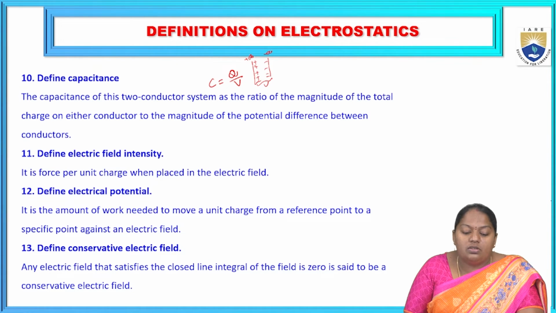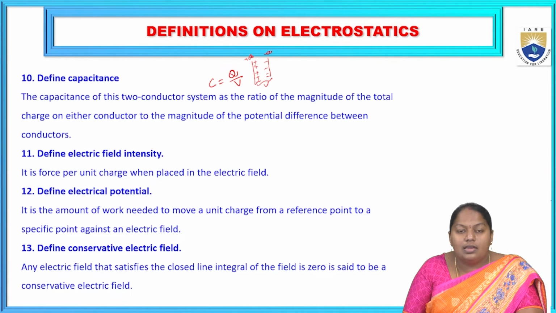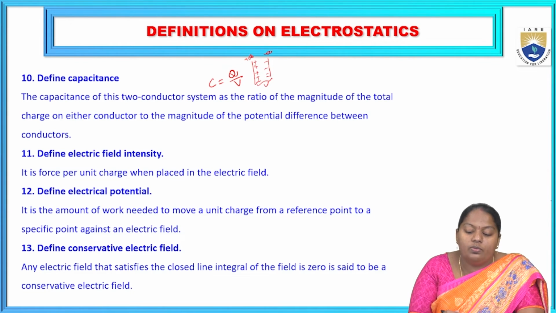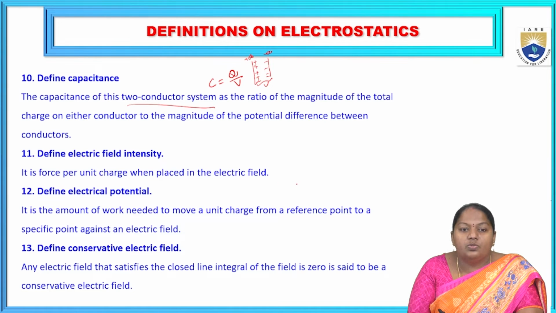It is the ratio of the magnitude of the total charge on either of the conductors, whether you consider the positive charge or the negative charge, to the potential difference, given by C equal to Q by V. Here Q is the charge on either plate of the parallel plate capacitor, and V is the potential difference between the two.